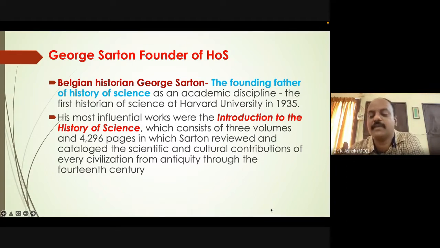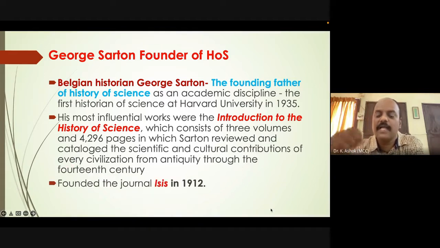In this 3-volume book, he reviewed and cataloged the scientific and cultural contribution of every civilization from antiquity through the 14th century. This is a seminal document covering the science and cultural contribution of all the civilizations up to the 14th century.